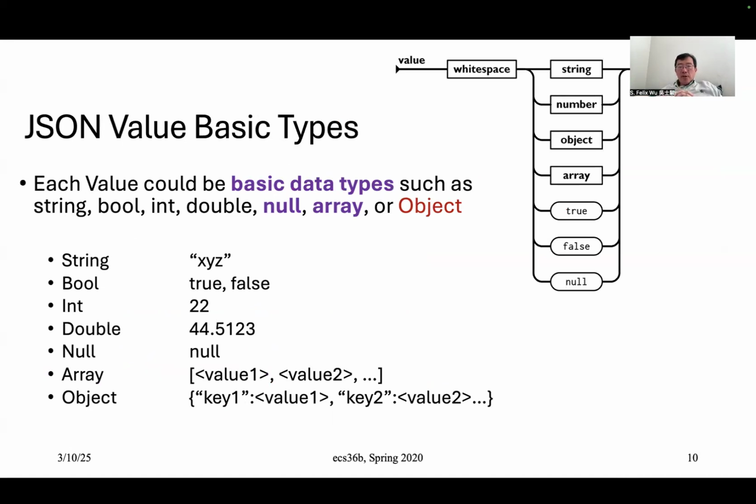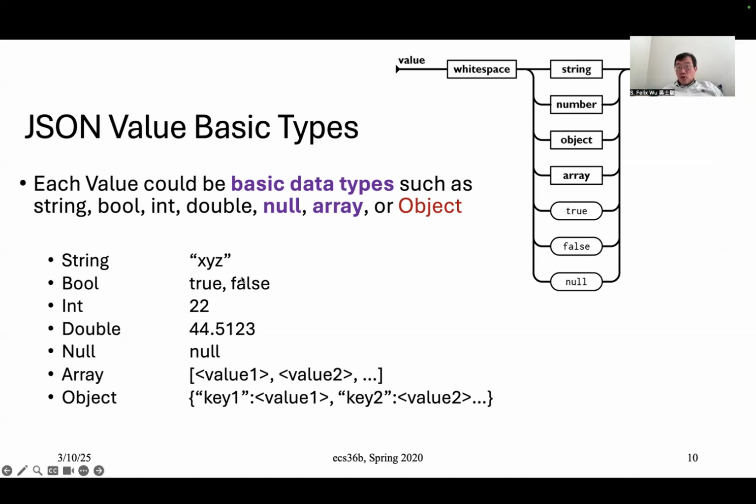There are seven different value types for JSON. Seven. That's pretty good, you only need to deal with seven. If you know the seven, you don't have to worry about anything else. So the key, remember, is always a string, but the value part could be one of the seven.